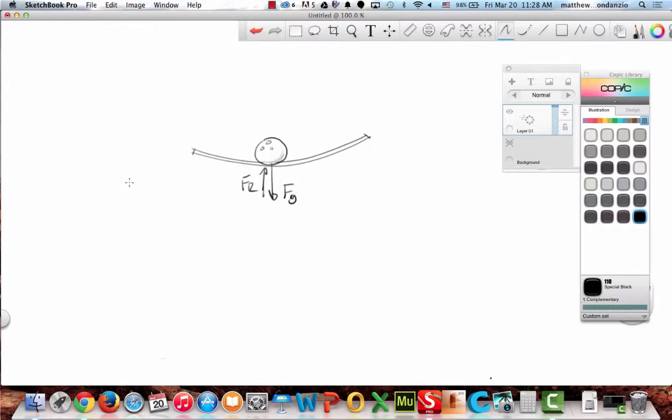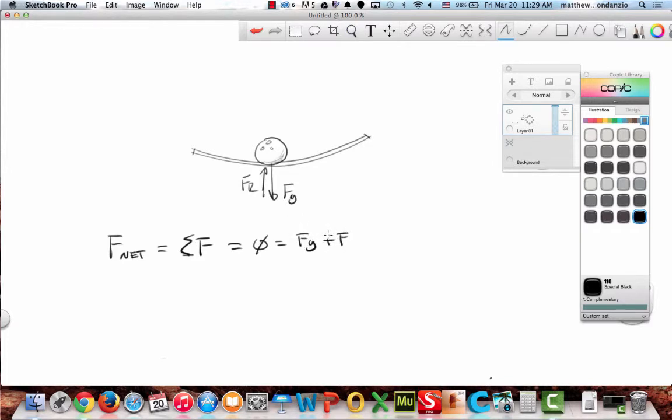Okay. When we talk about forces, we need to understand the net force. The net force is the sum of all the forces acting on the object or the body. In this case, it's equal to what? Okay, it's equal to 0, but what are my two forces?